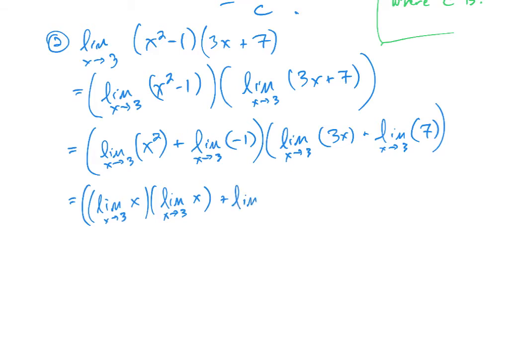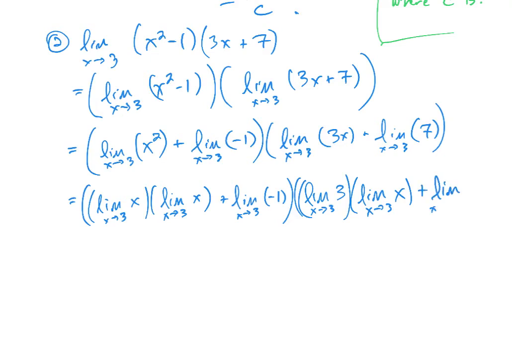We know the limit of a constant, times the limit of 3 times the limit of x, plus now a limit of a constant.